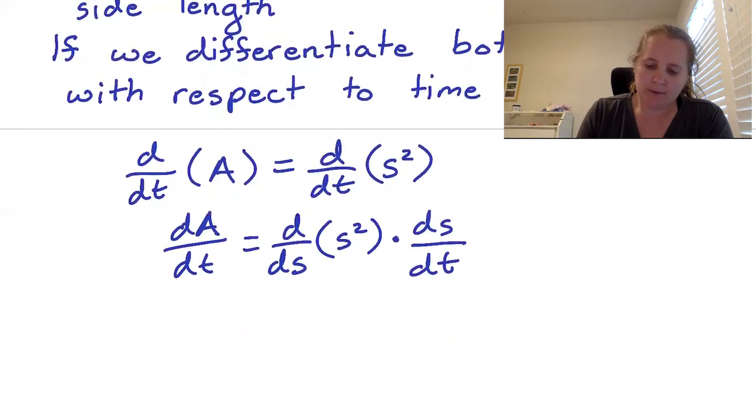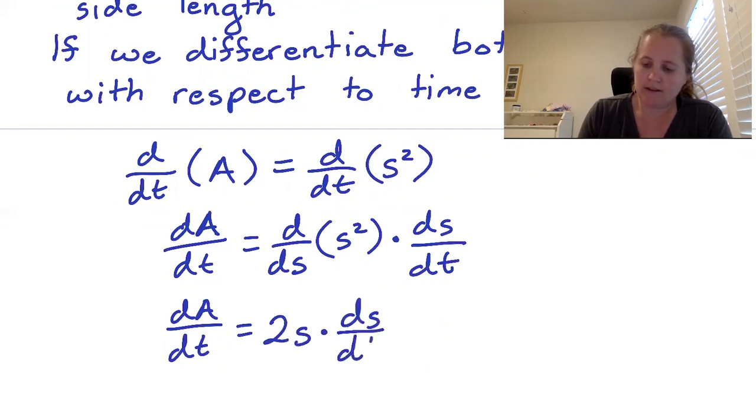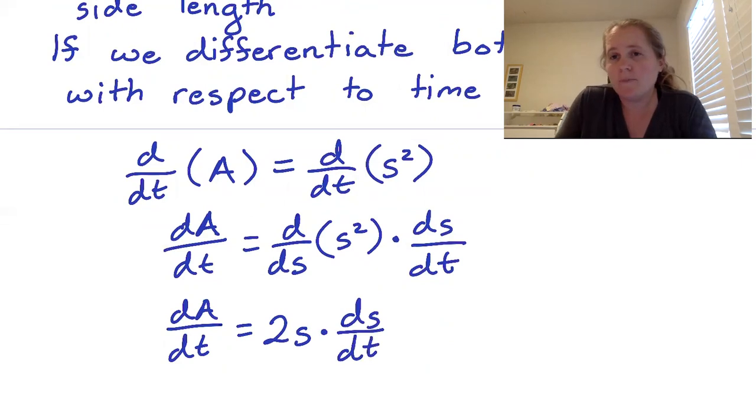And so we wind up with dA/dt is equal to 2S times dS/dt. So what we have here is how fast the area is changing is going to depend not only on how fast the side length is changing, but how large the side is to begin with.